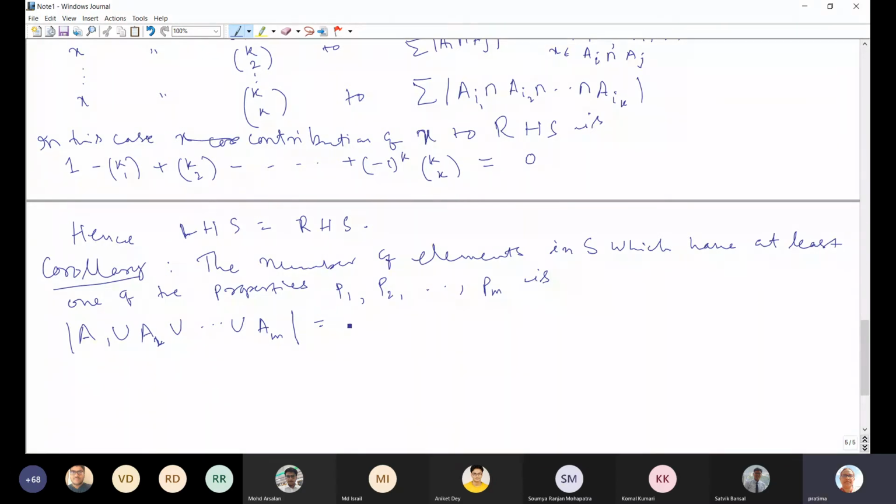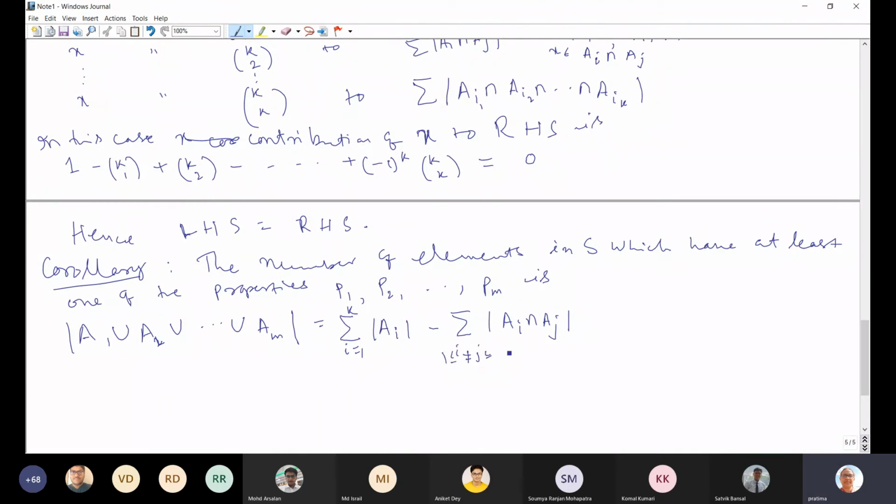Of course, you know its value: first you take the sum of the cardinalities of Ai, i from 1 to m, and then you subtract the pairwise intersections of Ai and Aj, over i not equal to j.